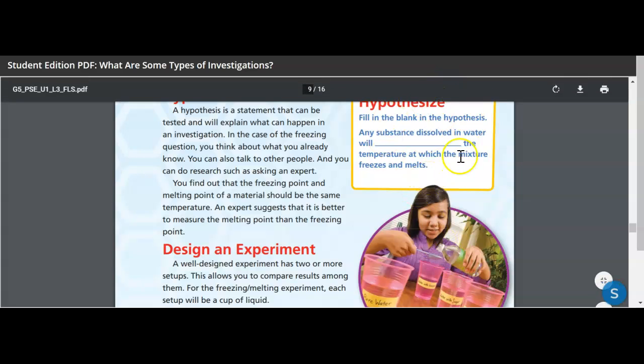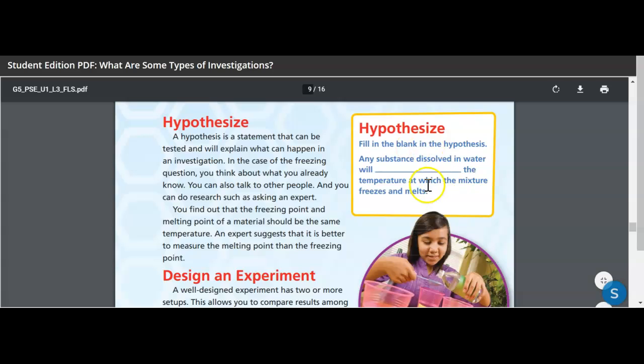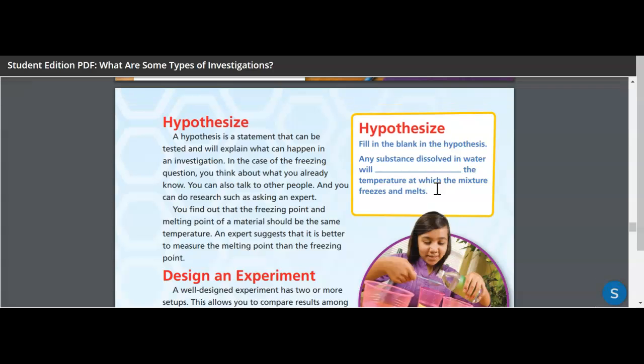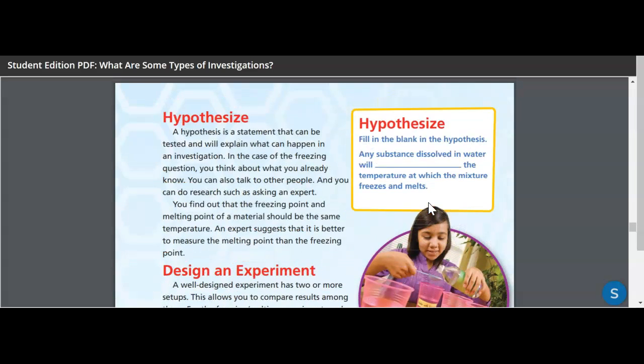So in this hypothesize bubble, it says any substance dissolved in water will blank the temperature. So the hypothesis is filling in that blank. That's something to predict. It will blank the temperature at which the mixture freezes and melts. Okay, so what we're looking at is you are trying to figure out, will it raise?